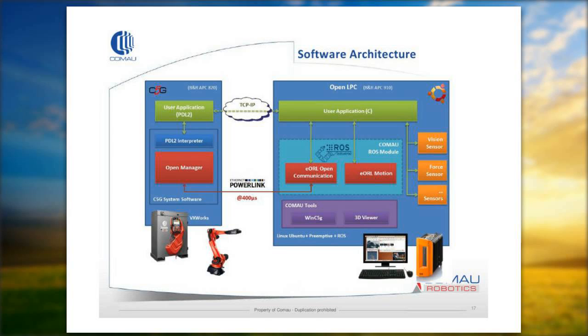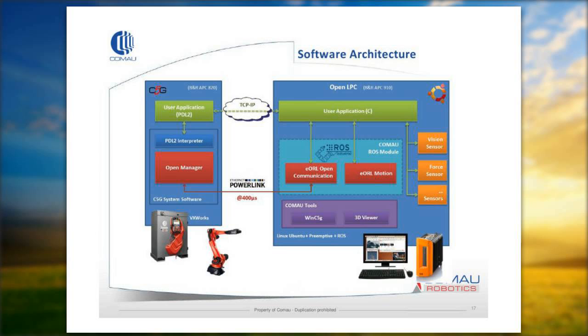As we saw on the right side of the picture, we have the Open LPC software architecture, where the user can program their own application at a very low level with the C language, but can also use the tools from the ERL library for the open communication on the real-time side, and the ERL Motion to control the direct and inverse kinematics and all the motion stuff for what concerns the robots.